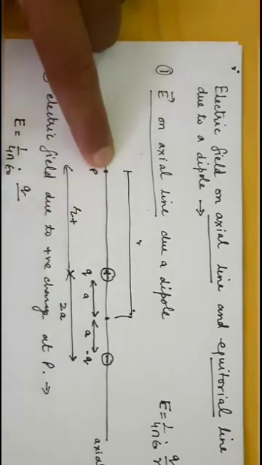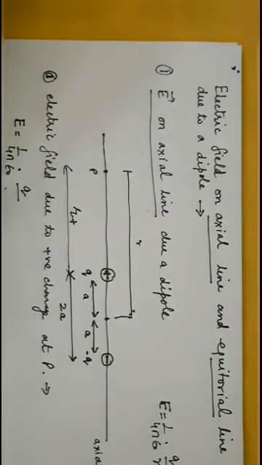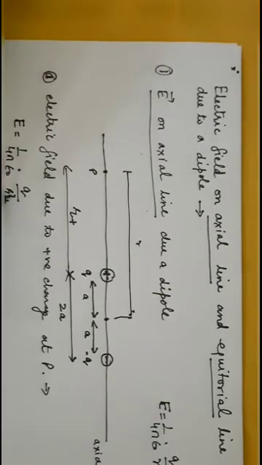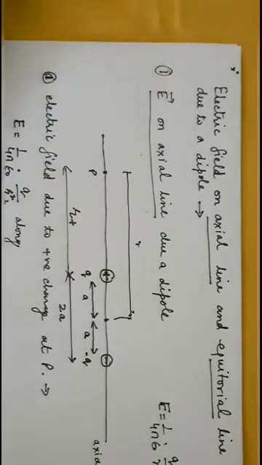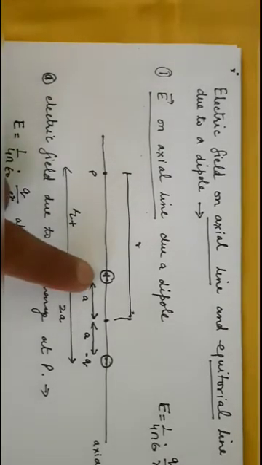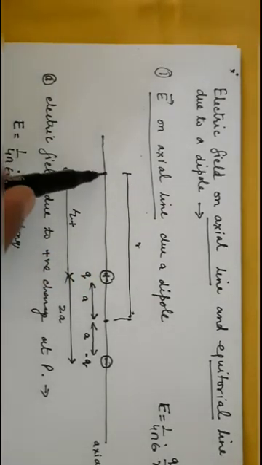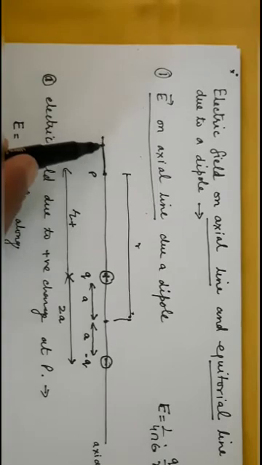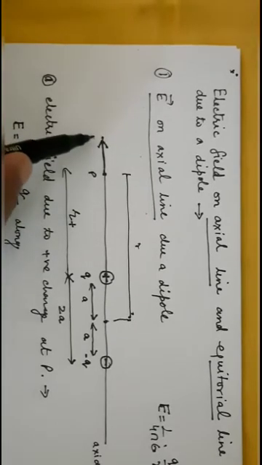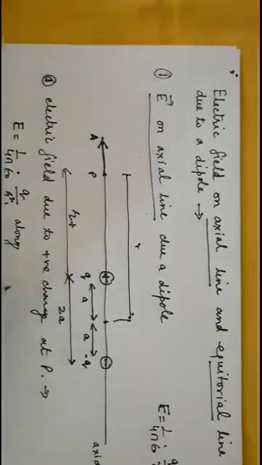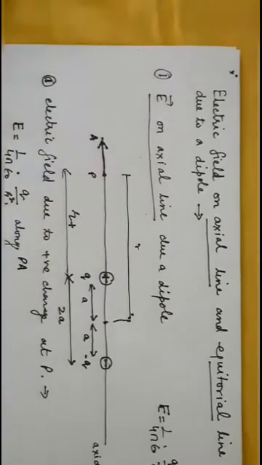I took this distance as r positive, so it is r positive square. Along which direction? We know that the electric field lines for a positive charge are radially outward. So electric field direction will be outward in this direction. I take this point as A, then it becomes along PA.